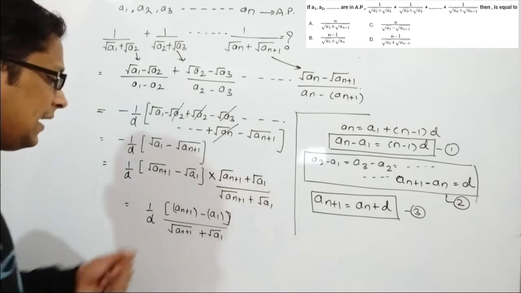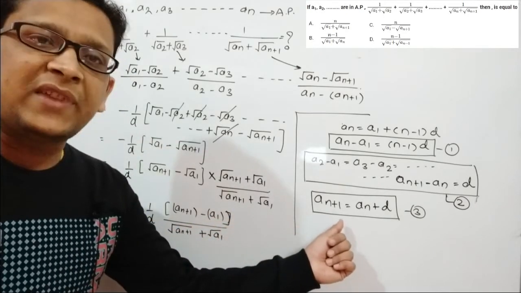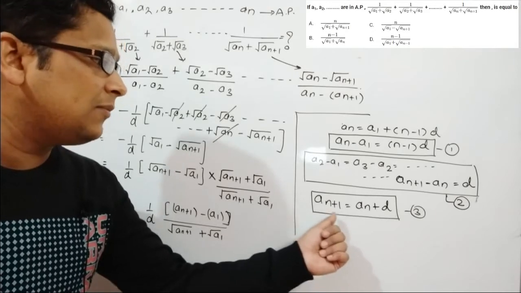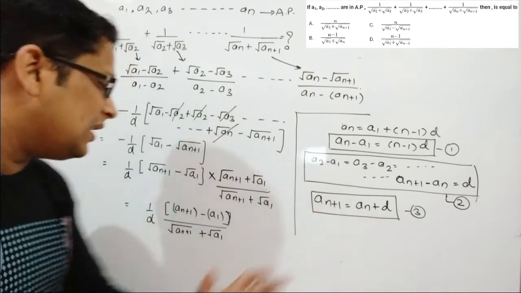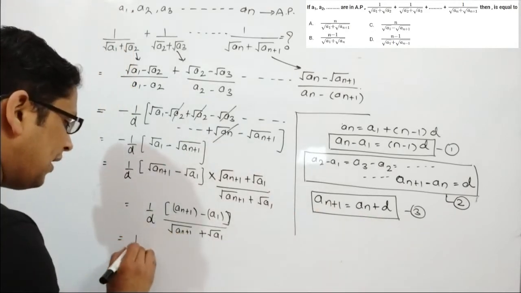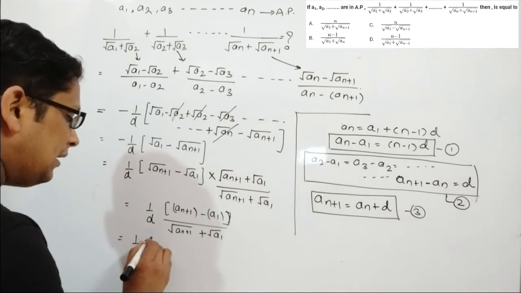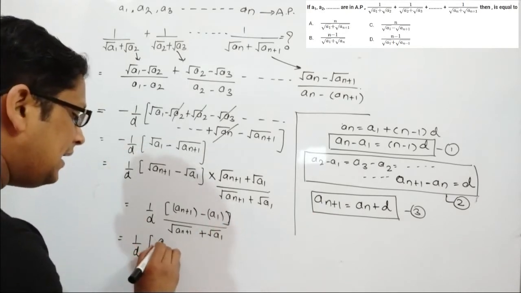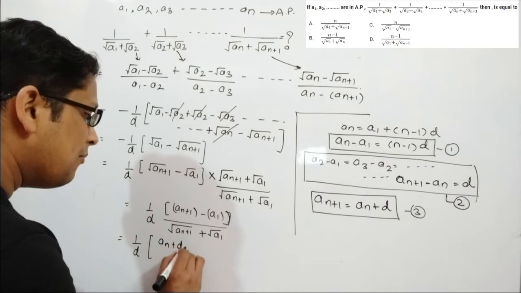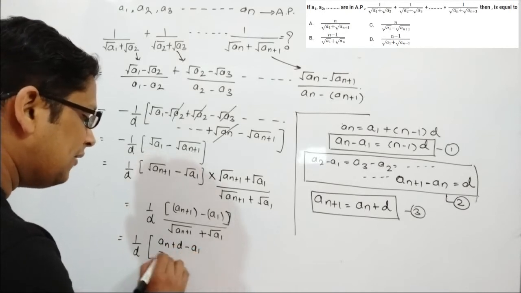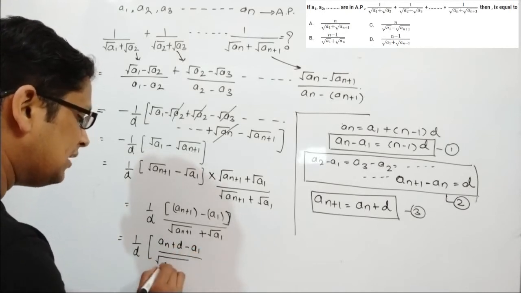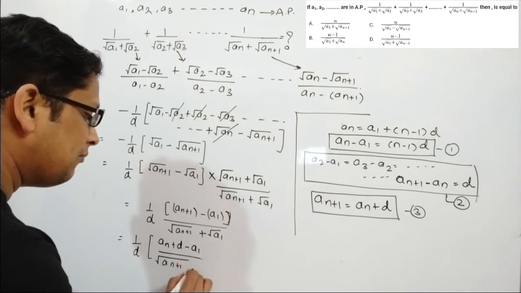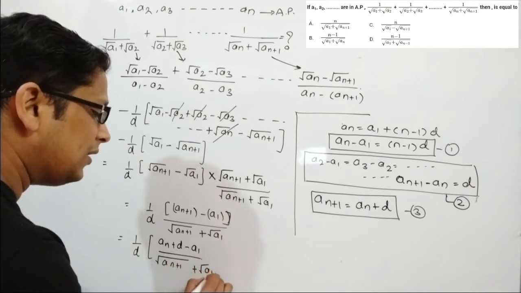Now see, this is an+1. We have to use this equation 3 over here. an+1 can be written as an plus d. So we are just going to write it as 1/d into (an + d minus a1) divided by √(an+1) plus √a1 will be there.